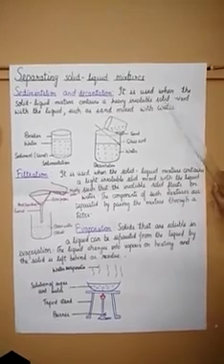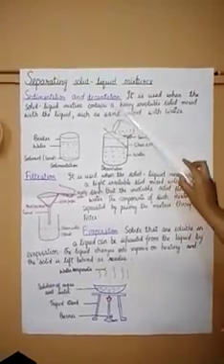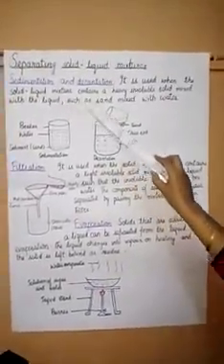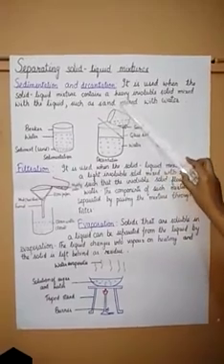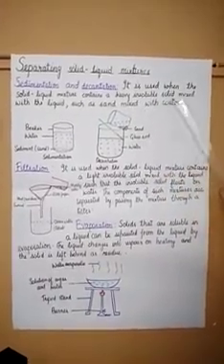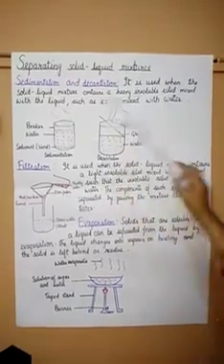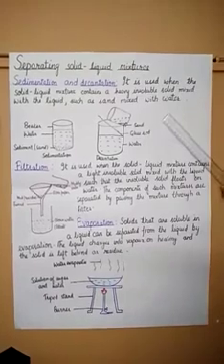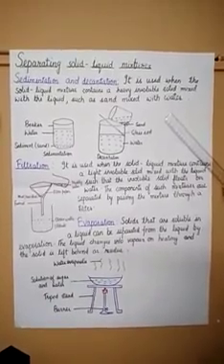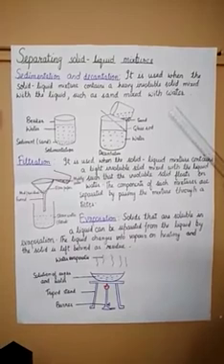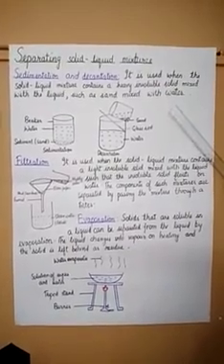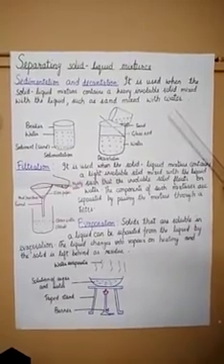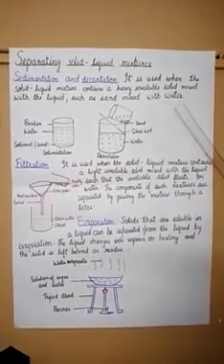The sedimentation and decantation method is used when the mixture contains a heavy insoluble solid mixed with the liquid. Such a solid is insoluble and heavier, so we can easily see the solid particles, and heavier means it will settle at the bottom, like the mixture of sand and water.